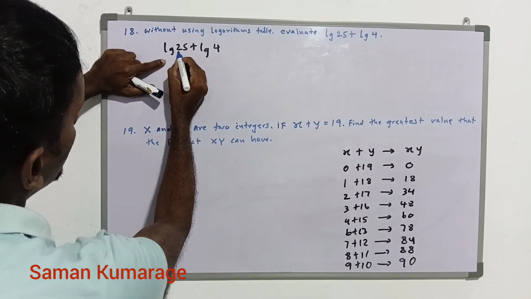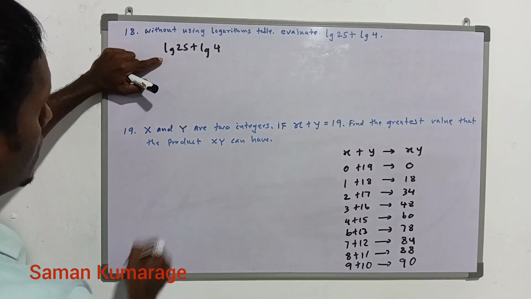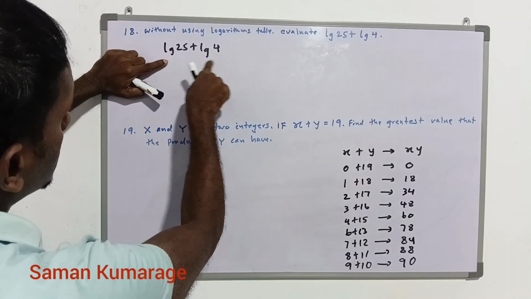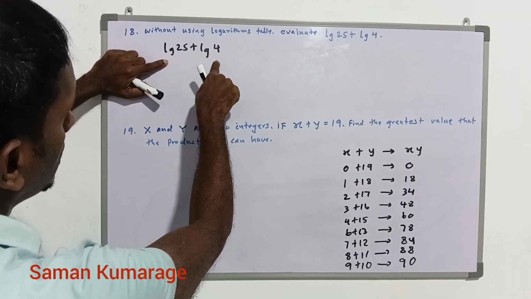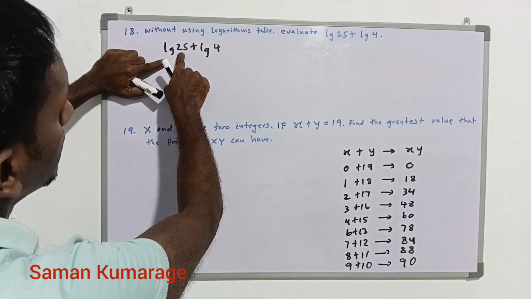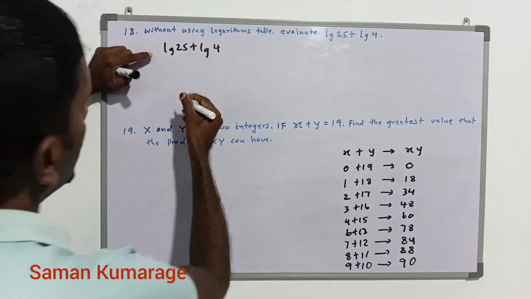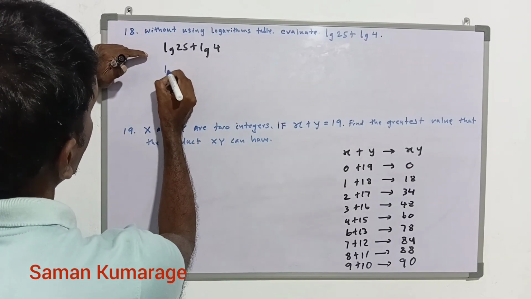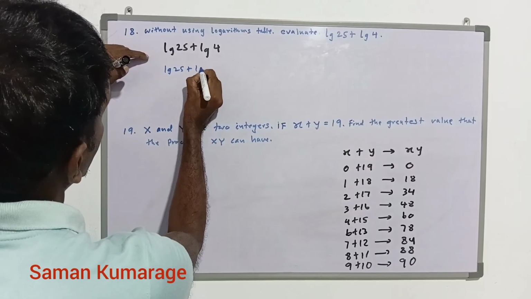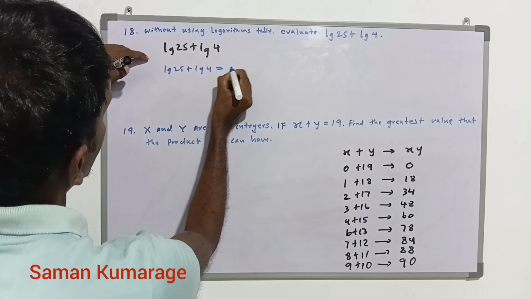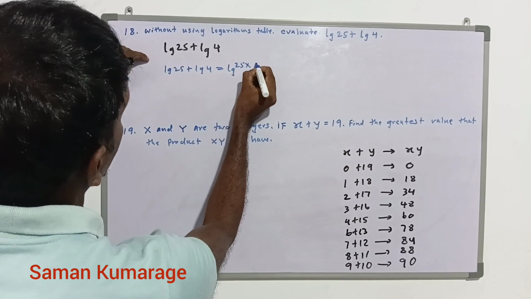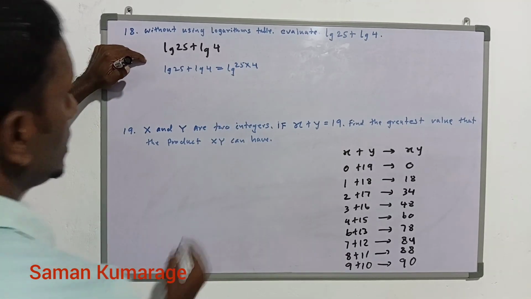Arguments means these two values, 25 and 4. So the addition of logarithms should be equal to the product of 25 and 4. So we can write lg 25 plus lg 4 is equal to lg of 25 times 4.